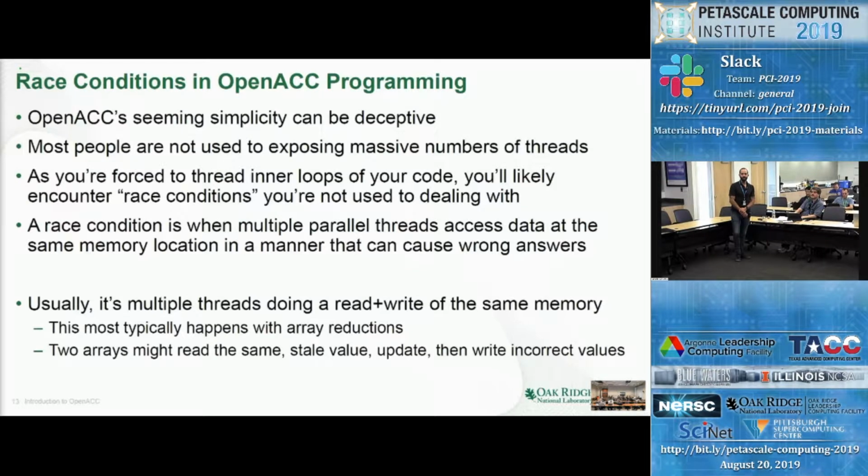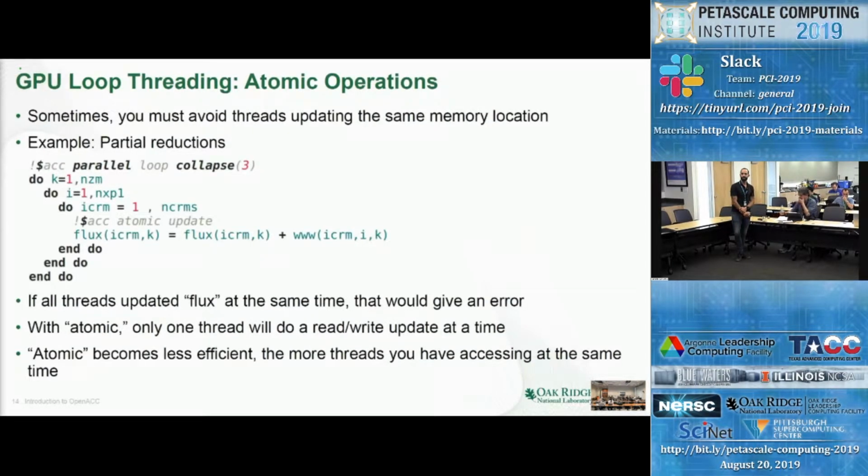You can imagine two simultaneous threads will access the array at the same location, and they're just trying to calculate the sum across the entire array. They both might read the same value, then update it with their own value, and then write a stale value, when what should actually happen is they should update in order. So this is an example of a race condition that you can encounter. We'll go over a few more examples throughout this.